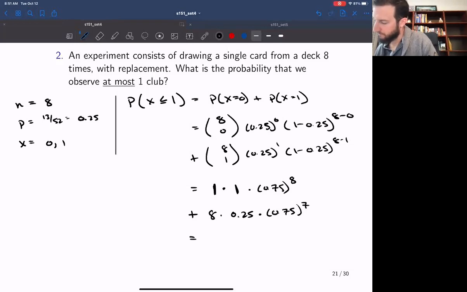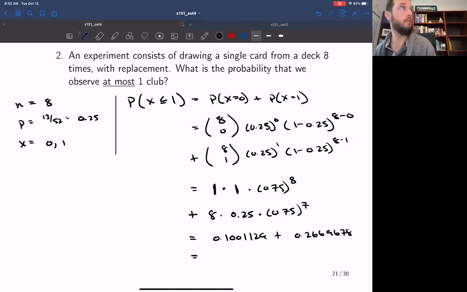All right, so then this gives us 0.1001129 plus 0.2669678, which is equal to 0.367.